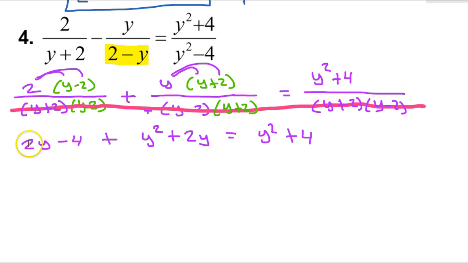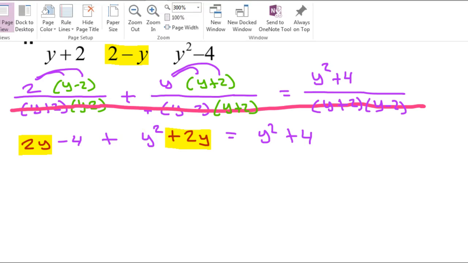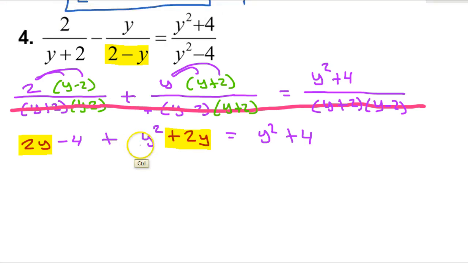I see that we have 2y and 2y. Okay, I guess that's it for like terms. So that's going to give me y squared. Now 2y and 2y make 4y. And then there's minus 4 equals y squared plus 4.